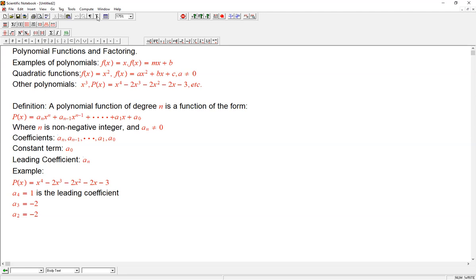And a sub 1, the coefficient for the x to the power 1 term, is also -2. And the constant term is a sub 0, which equals -3. That is the constant.